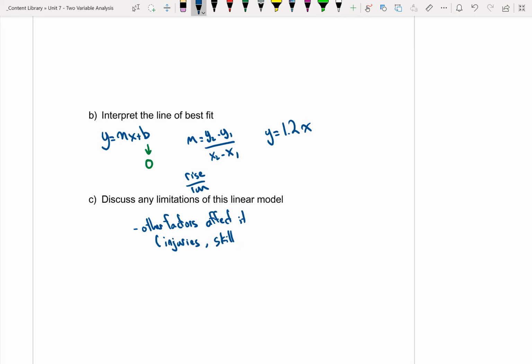Maybe you have someone who's in a gym class, or you have someone who has played basketball at a high level for a long period of time. So there are other factors out there. You could think of it actually being a small sample size to accurately say that one thing causes another. And again, there could be other limitations as well.